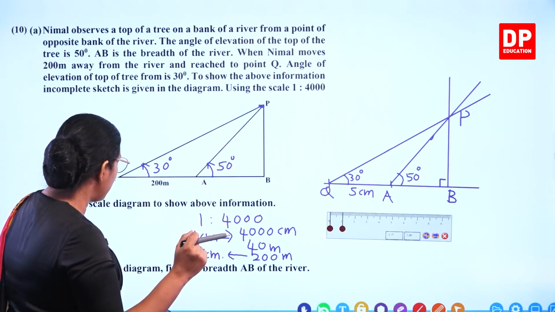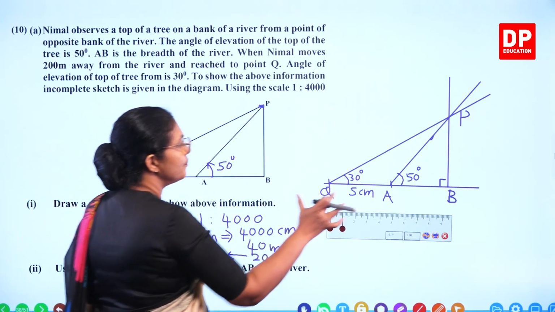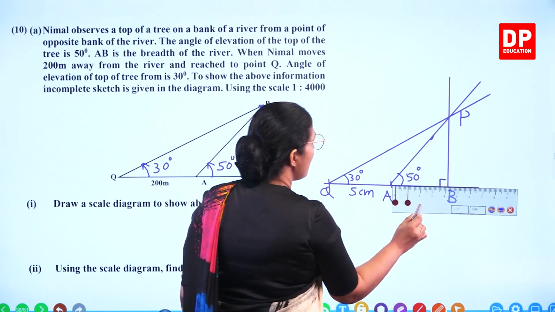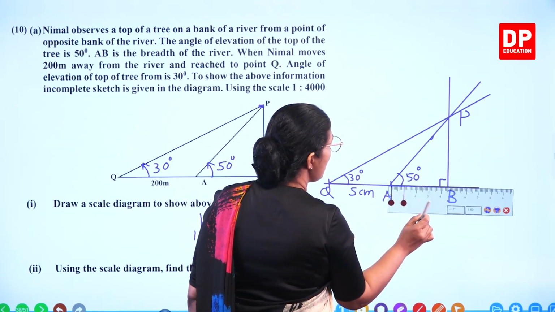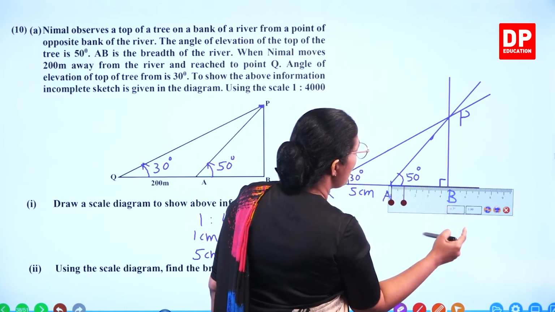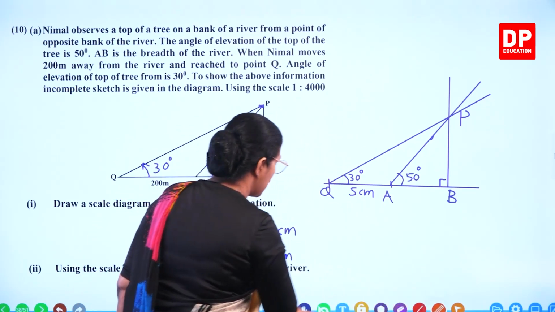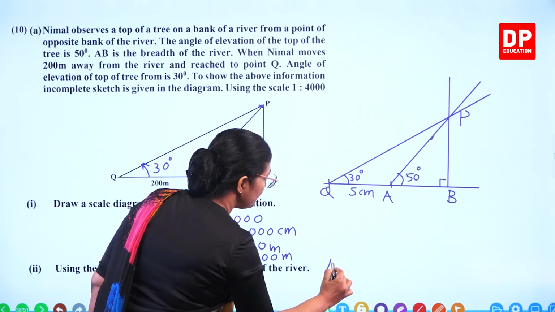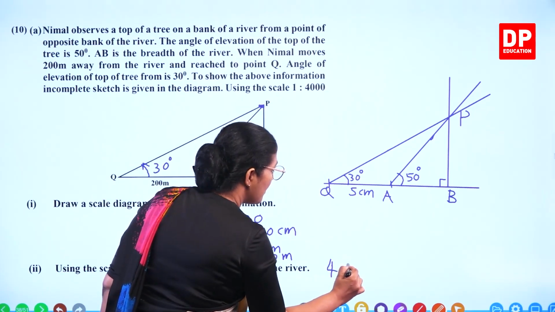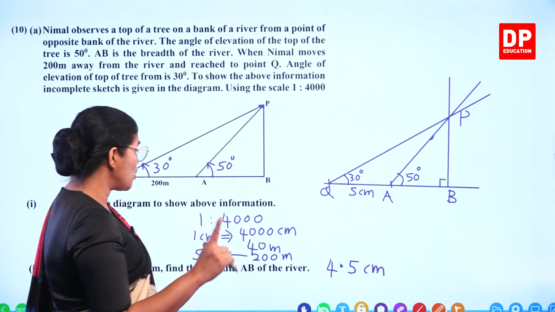Then using the scale diagram, find the breadth AB of the river, this length. So you need to measure that and find the centimeter value first. Map length according to this one is 4.5 centimeters. So what is the actual length?